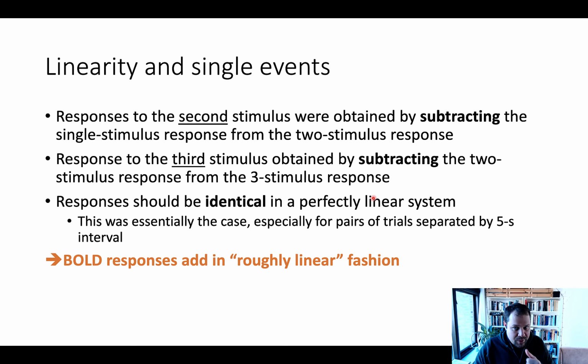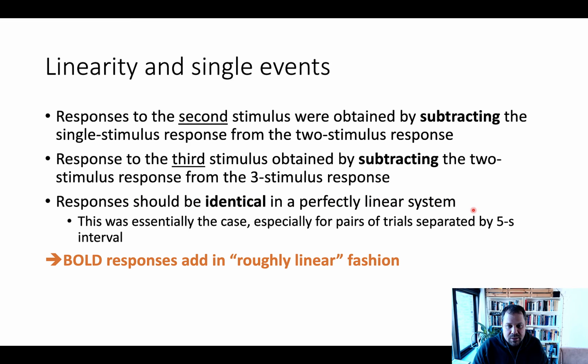So let's summarize this. When it comes to linearity and single events, responses to the second stimulus were obtained by subtracting the single stimulus response from the two stimulus response. The same was true for the third stimulus, which was obtained by subtracting the two stimulus response from the three stimulus response, just as I illustrated earlier. In a perfectly linear system, responses should be identical.